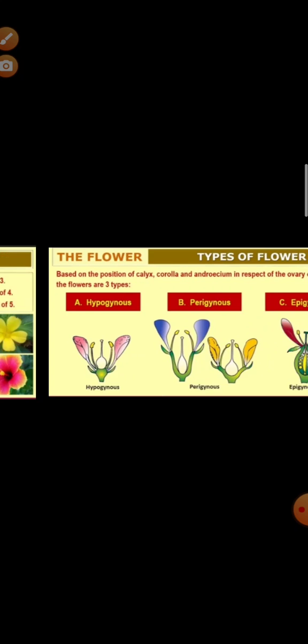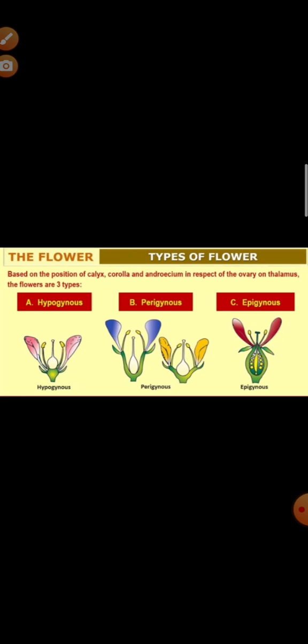So then we can say trimerous flower. Tetramerous is the same type, when it will be four. Floral leaves will be four in number or multiples of four in each whorl. Then it will be known as tetramerous. Pentamerous, five. This is based on the number of floral appendages. How many floral appendages are there?